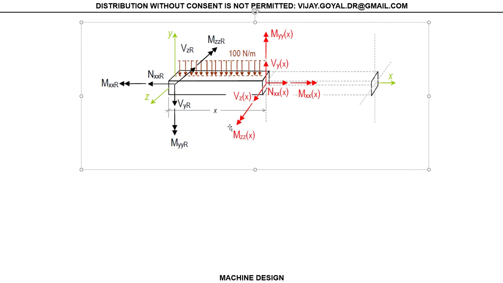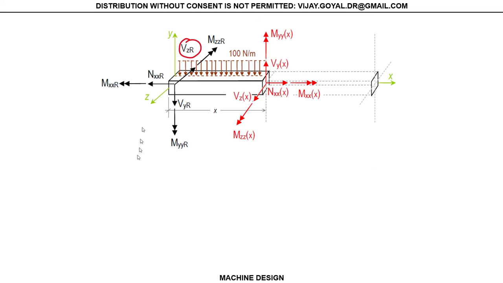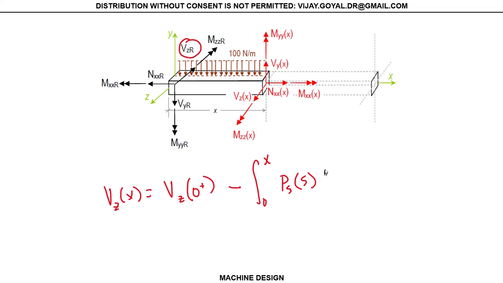So you have no loads in your Nxx. And Vz, then if I do my Vz, this one right here, Vz of x will be Vz at 0 plus minus integral from 0 to x of Pz dξ.